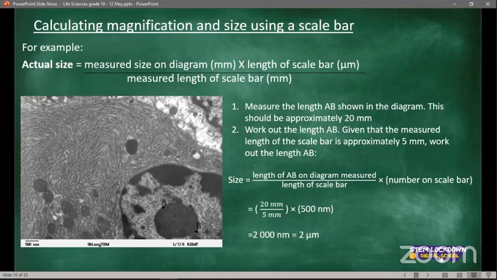Now work out the length of AB, so the actual size of this organelle here. The length of the scale bar you will be given. As you can see here, you have 500 nanometers. This is the length of the scale bar.